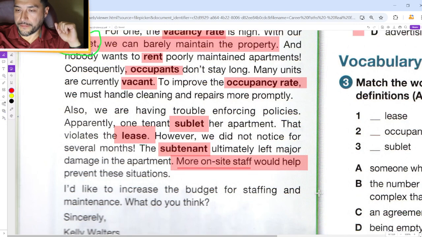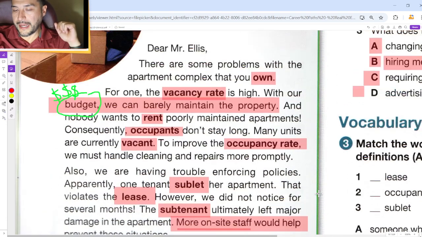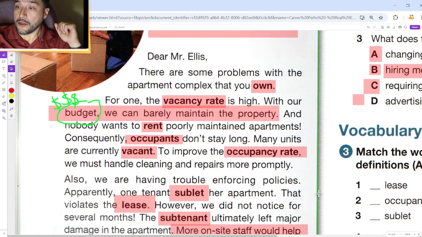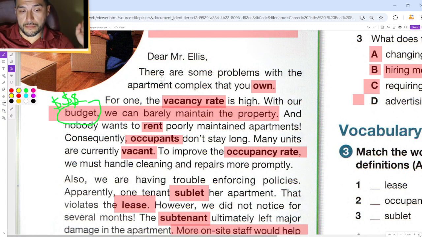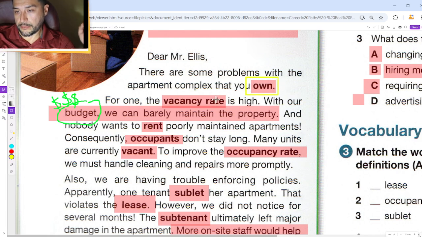Excellent. Okay, guys, for today's class, we have a vocabulary list. Number 1, own. Number 2, vacancy rate. Number 3, rent, to rent. 4, occupants.